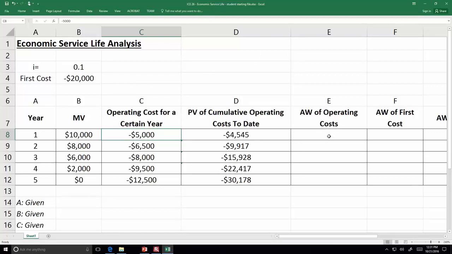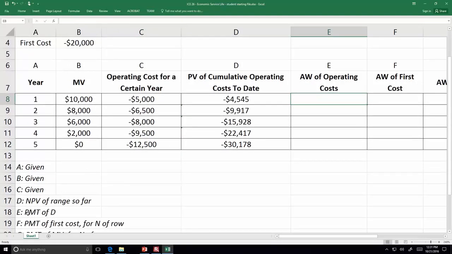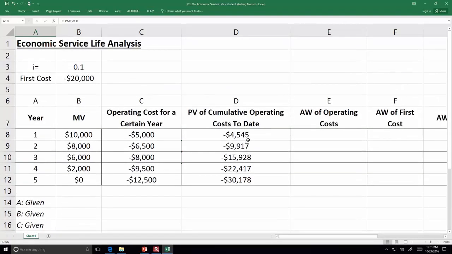And in column E, what we're saying is, instead of paying a different amount every year, how much would it cost if we paid the same amount for our annual operating costs every year? The function we're going to use for that, as it says here in the little key, is the payment function, and D is going to be the amount at the present that we use for the payment function.